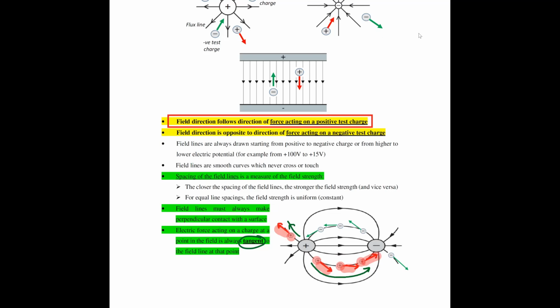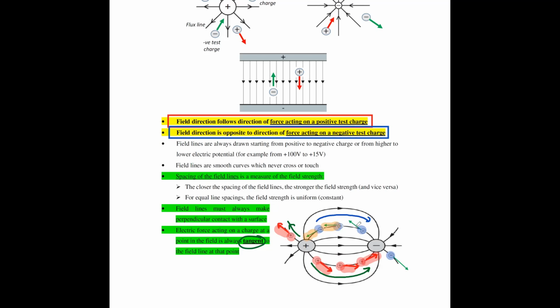Now, if you place negative test charges instead, say over here, you will still apply similar logic. But for a negative test charge, the direction of force will always be opposite to your field direction. So in your case, if the field direction is going like this, the direction of force on your negative test charges must be opposite to the direction of the field.